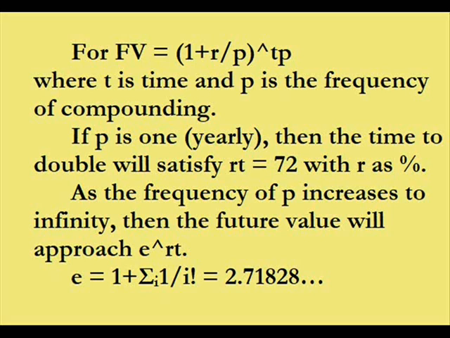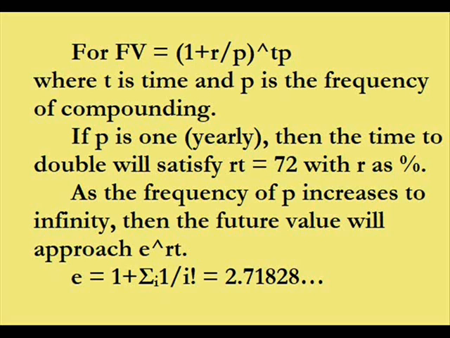You might have a future value, and if you compounded it once a year, the rate of return as a decimal, 1 period, for T time periods, well, many times it's compounded maybe quarterly, maybe monthly, like for a mortgage or credit card. In that case, the frequency would be 12. By the way, there's a little shortcut for yearly compounding. If the amount doubles, it satisfies the equation with R now as a percent times the time period, years if you like.